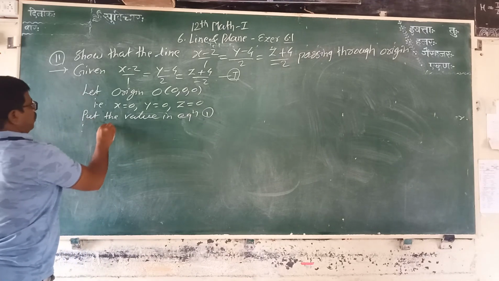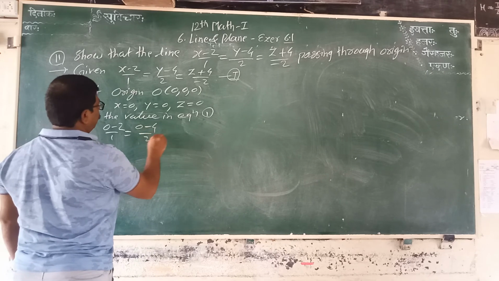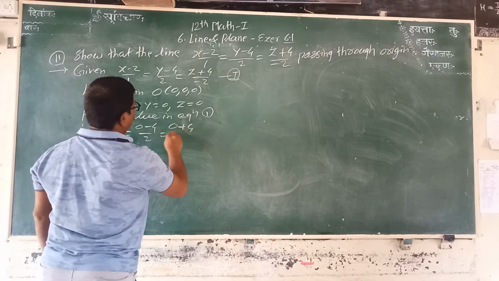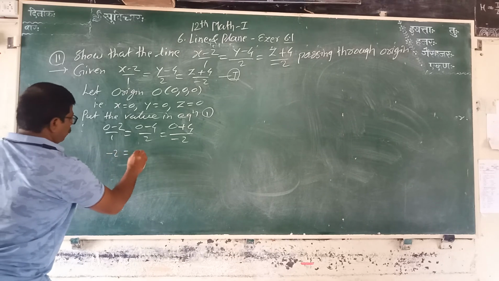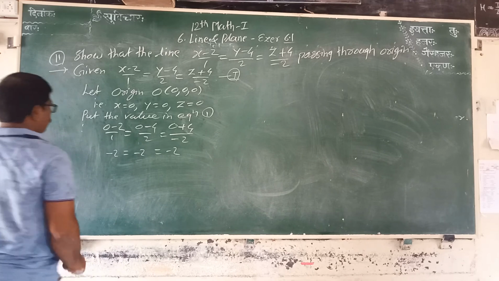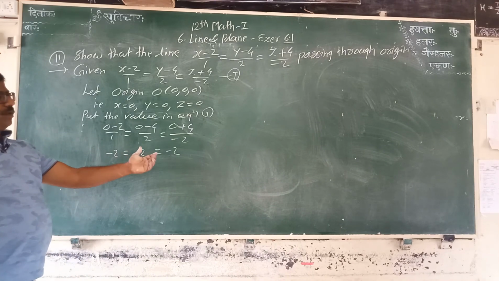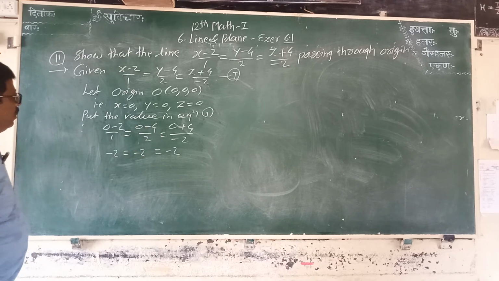Therefore we get 0 minus 2 upon 1 is equal to 0 minus 4 upon 2 is equal to 0 plus 4 upon minus 2. That we will get minus 2 is equal to minus 2 is equal to minus 2. We get their ratio is constant.